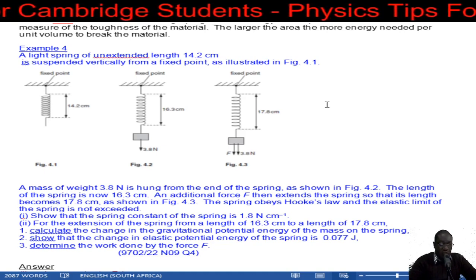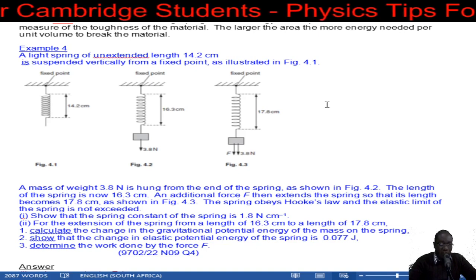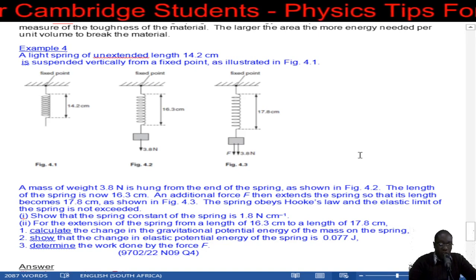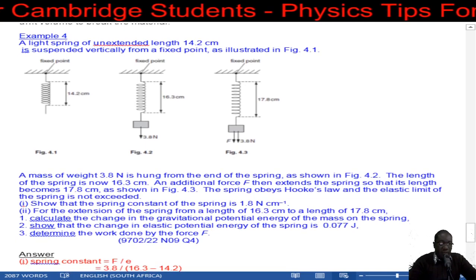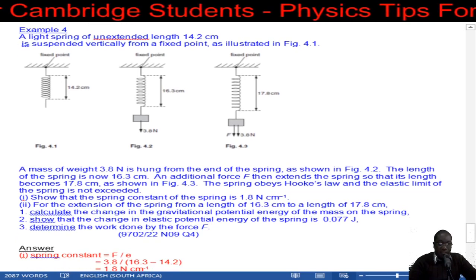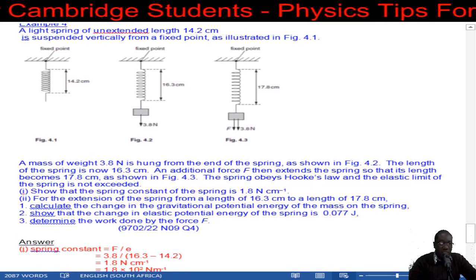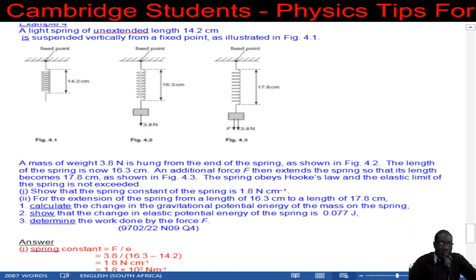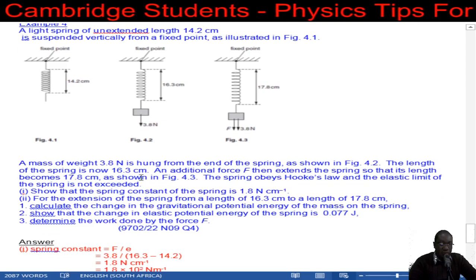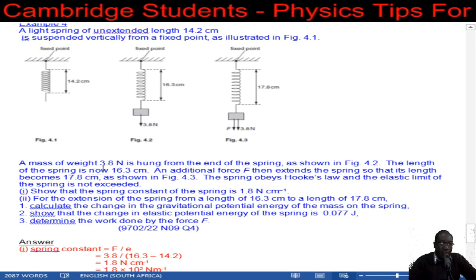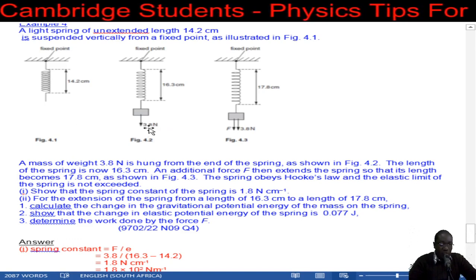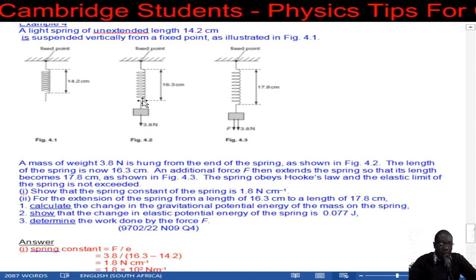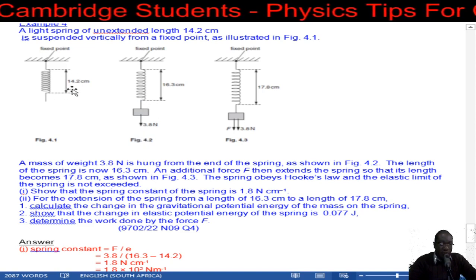Part 1 says, show that the spring constant of the spring is 1.8 newtons per centimeter. Now we know that K is equal to F over E, that's the spring constant. The force is 3.8 newtons. And then the extension is the new length, which is 16.3 minus the original length, 14.2.